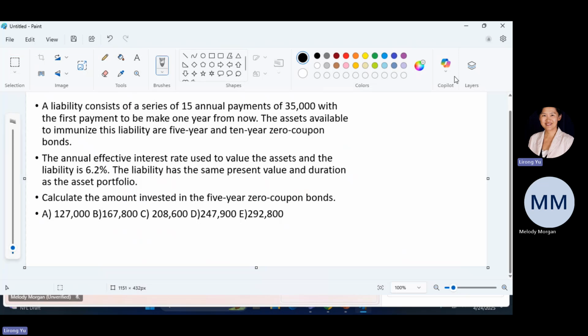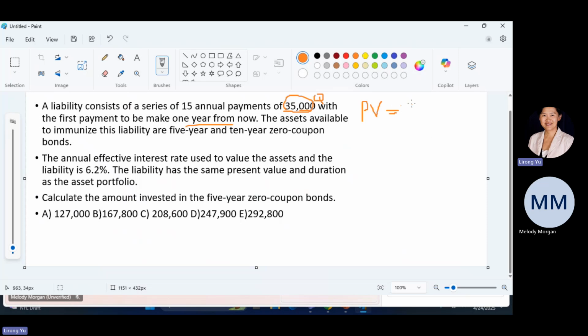First we are going to find the total present value, which is the present value of the 15 payments at the end of each year.